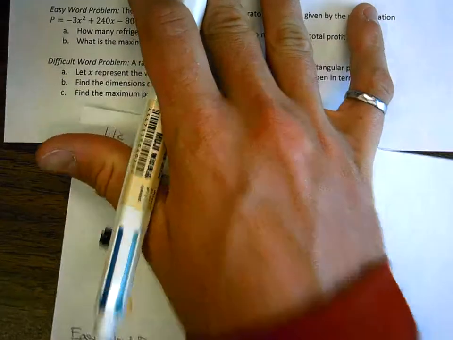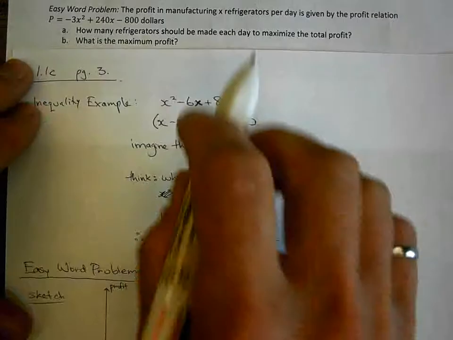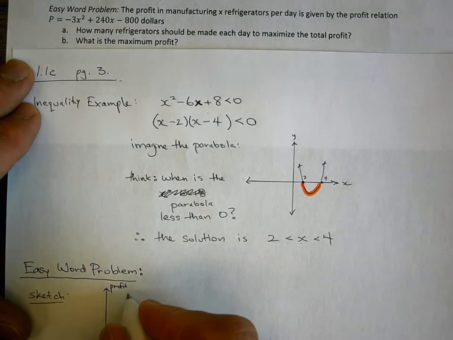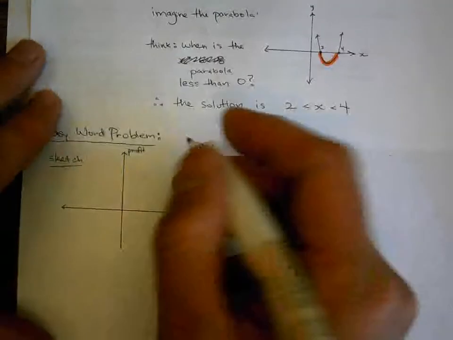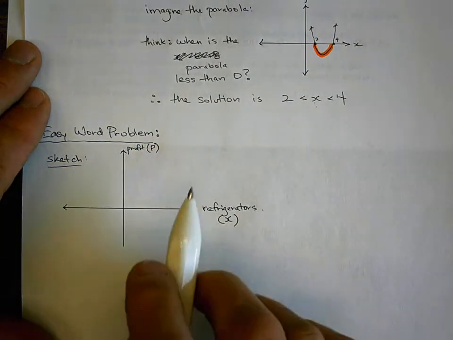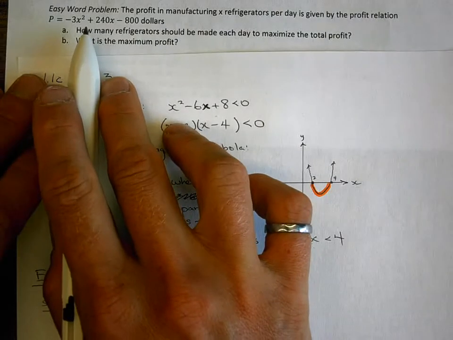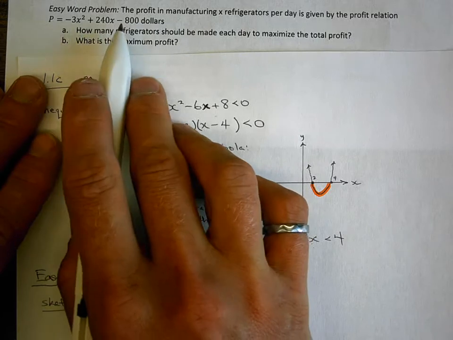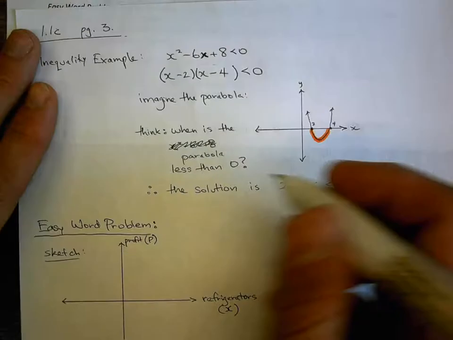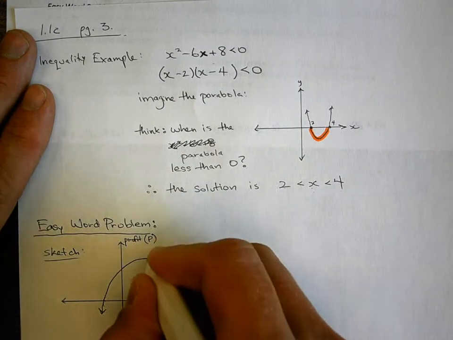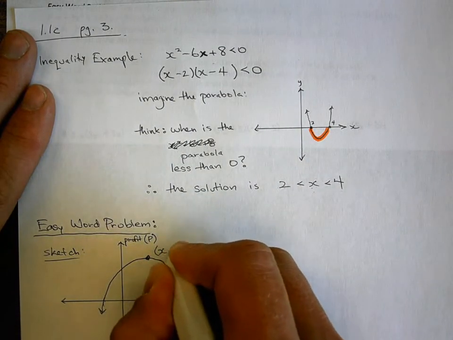Sorry, that's my problem, right? x is the number of refrigerators, and P is my profit. Okay, so we know this is some sort of quadratic equation. I have no idea, but I know it opens down. Remember, standard form isn't very useful. So let me just draw something like that, right? It's just to help me understand what's going on here. So there's some profit point x, P that I want to know.